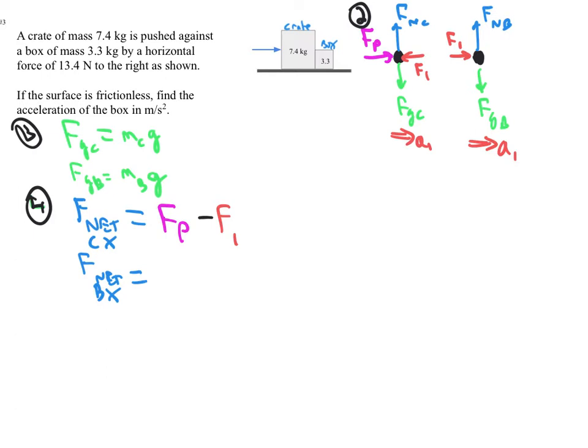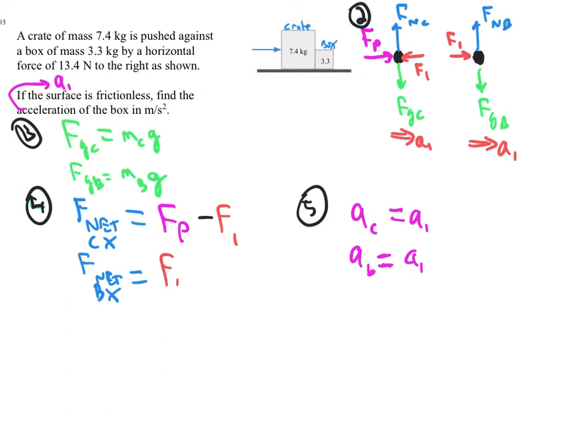And then on the box, we have just F1 pushing, so I'm just going to say F1. And step 5 says write equations for the accelerations. So we have A of the crate is something, and A of the box is the same something. And what we're looking for is A1, the acceleration of the box.